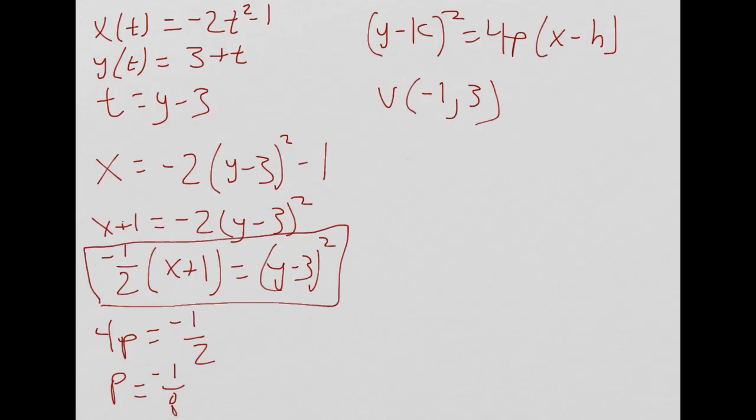And we know our p-value is negative 1/8, which means we need to add negative 1/8 to our x value to get our focus. So it's going to be negative 1 minus 1/8, which, if you want to simplify that, is negative 9/8.